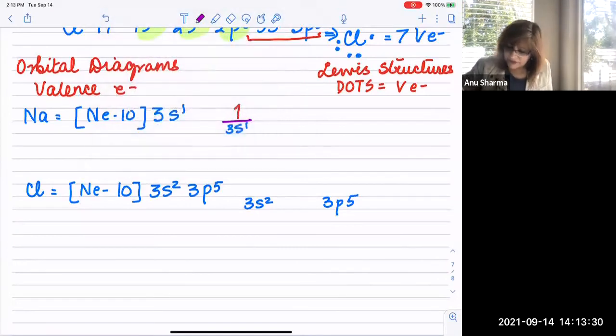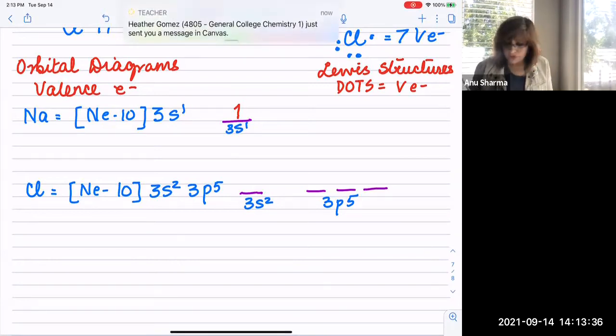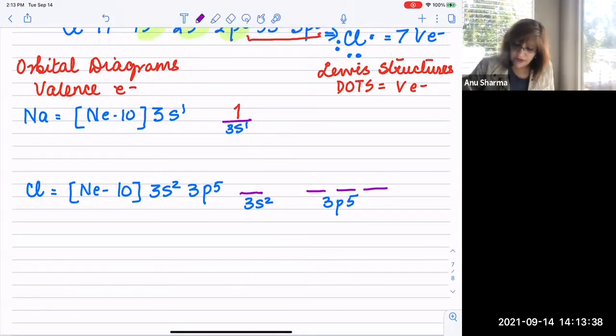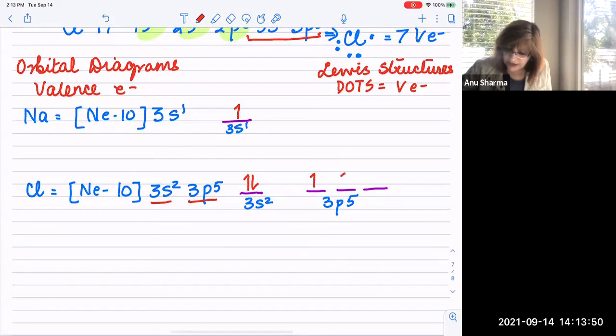Now, in this case, 3s2, p has got 3 orbitals. Remember, s can hold a maximum of 2 electrons. P can hold a maximum of 6 electrons. Okay, so 3s2 is this, 3p5 is, first you put them singly occupied, and then you pair them, 1, 2.